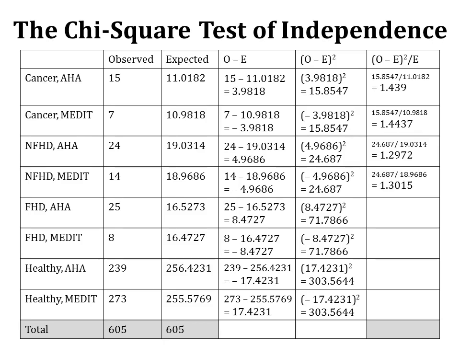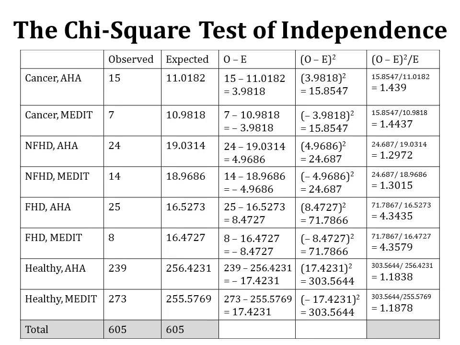We calculate that for the next cell as well, which is non-fatal heart disease on Mediterranean diet, and the square of the difference between observed and expected frequency is 24.687, and this is divided by the expected frequency, and the result is 1.3015.